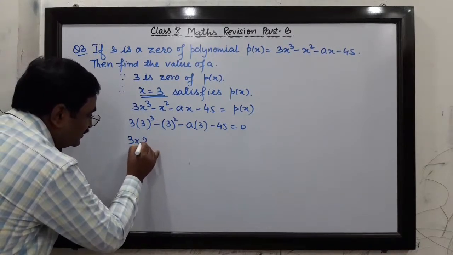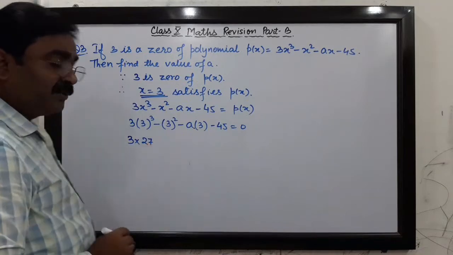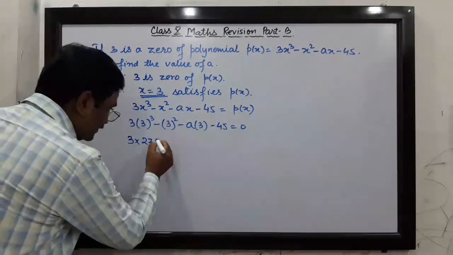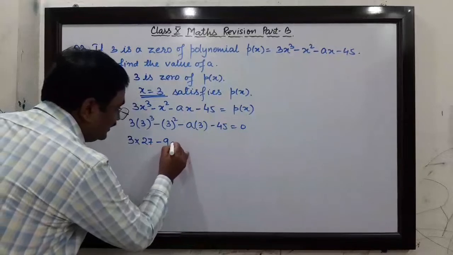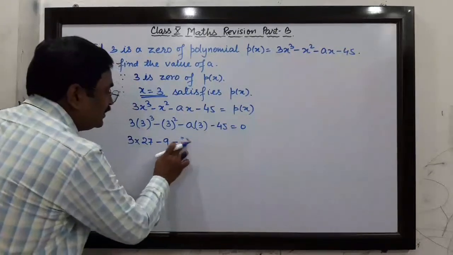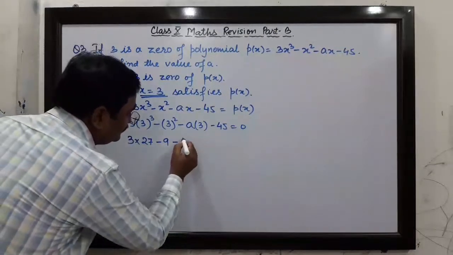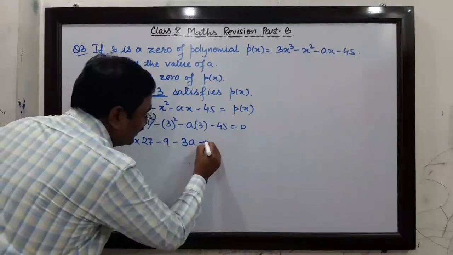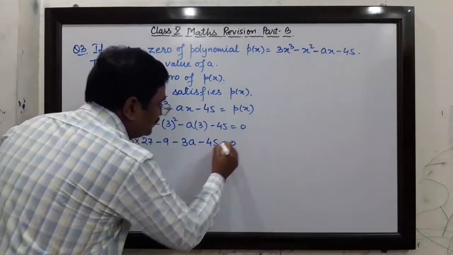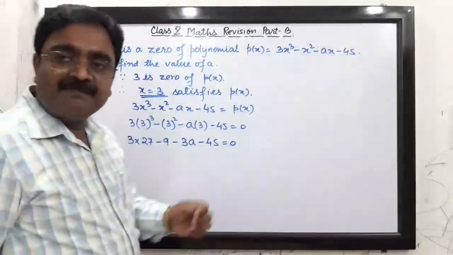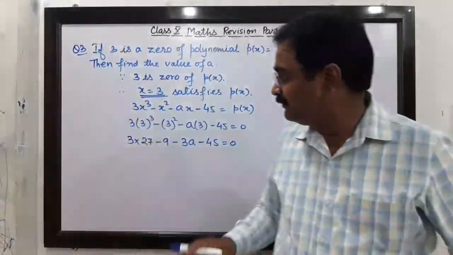And there is a 27, minus 3 3s are 9, minus, this can be written as 3a, and minus 45 equals 0. Right? Any problem till here?